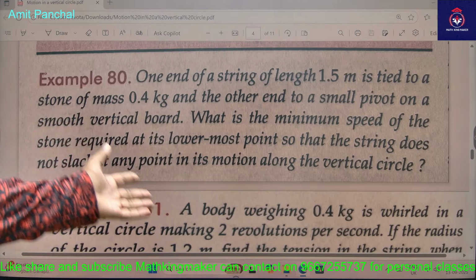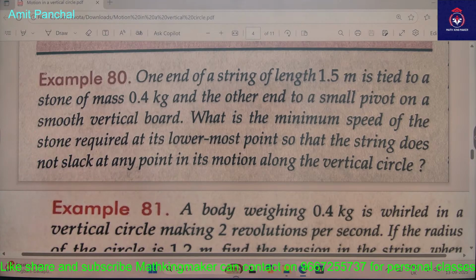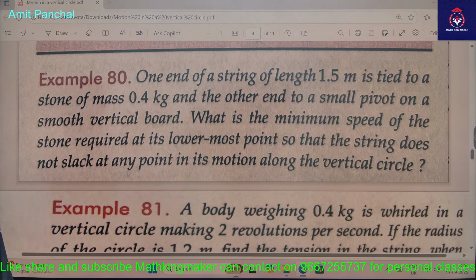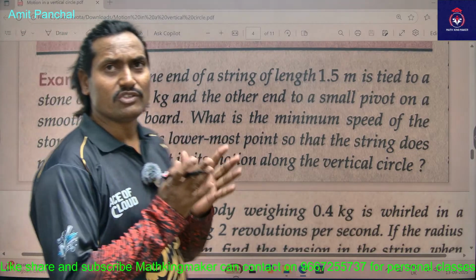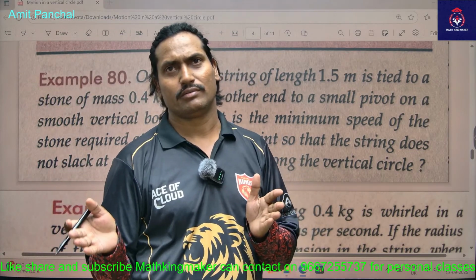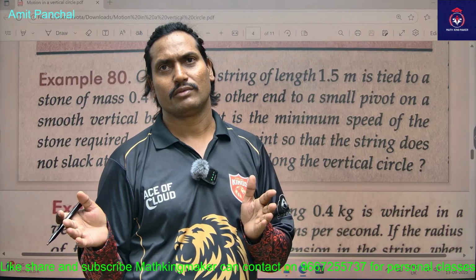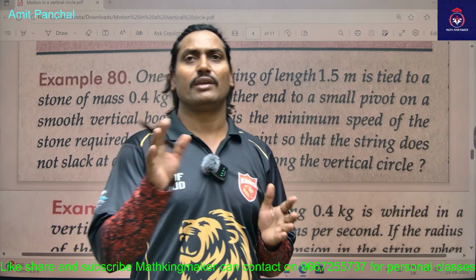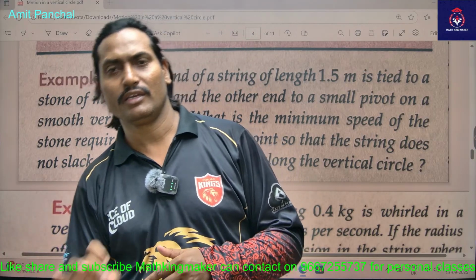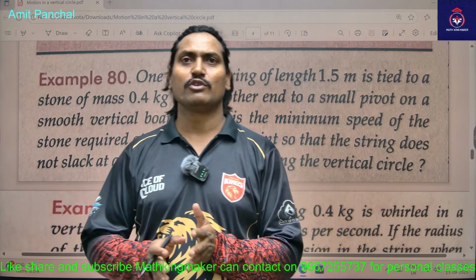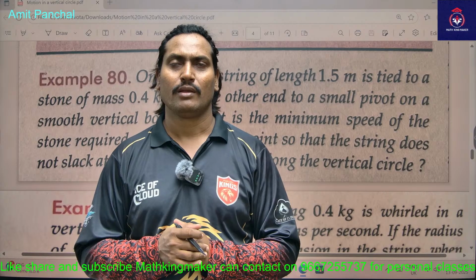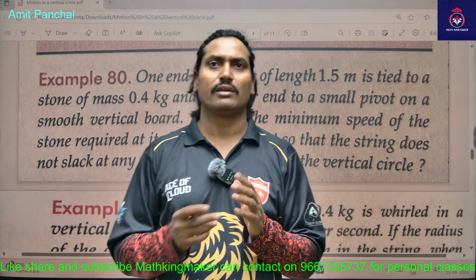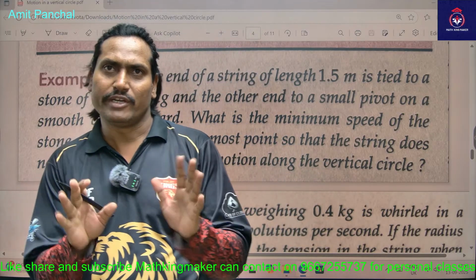We have done the previous by the centripetal force only. Tension is equal to centripetal force. There is a difference between tension and mg cos theta. See, in linear motion, the resultant force will be equal to ma. But in circular motion, the resultant force will be equal to mv square by r. That is the only difference.